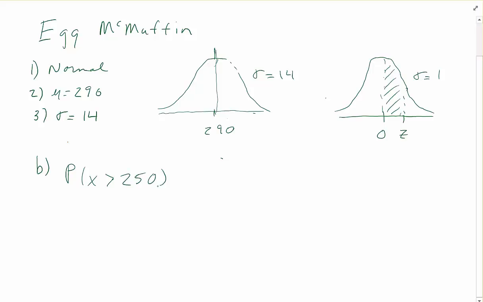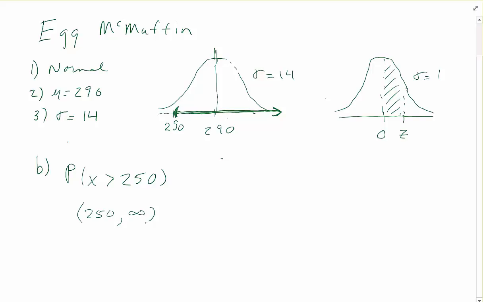So my interval here, notice again the standard deviation is 14. So going down to 250 from 290, I'm going to be way down here someplace. So 250 and more than. So my interval is this one. So in other words, 250 to infinity.